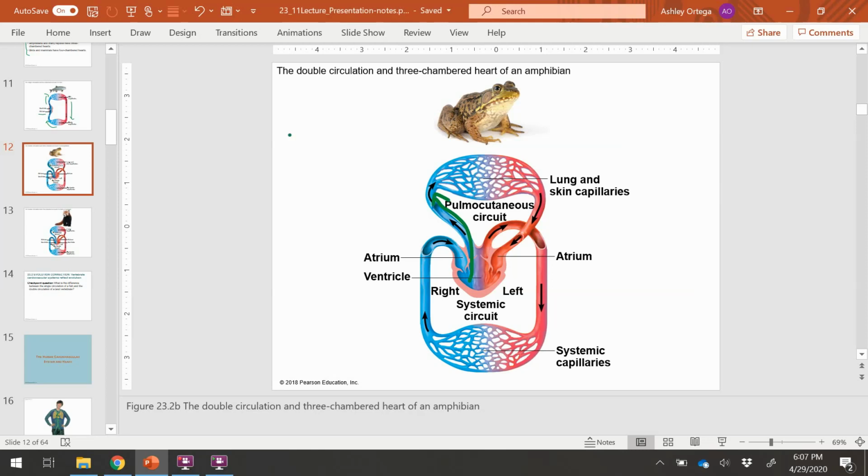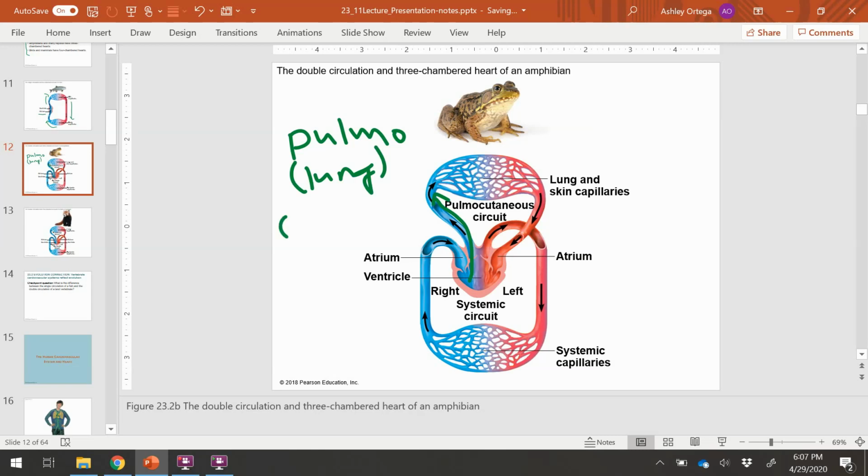And so if you were to break that word down, pulmo will mean lung. And then cutin or cutaneous is going to mean skin. So lung and skin circuit, all right, going to the heart. And so that's going to fill up that blood with oxygen.